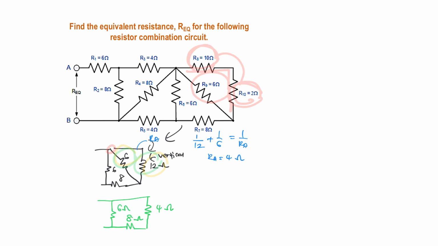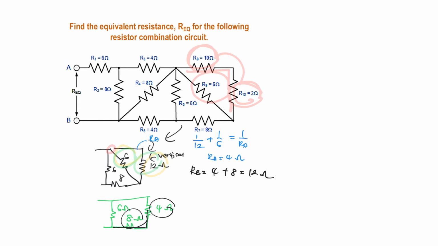Which one is going to be in series with the 4 ohms? Yes, because of the same path, 4 and 8 are going to be in series. So I put it as RB, which is 4 plus 8, and you get 12 ohm.